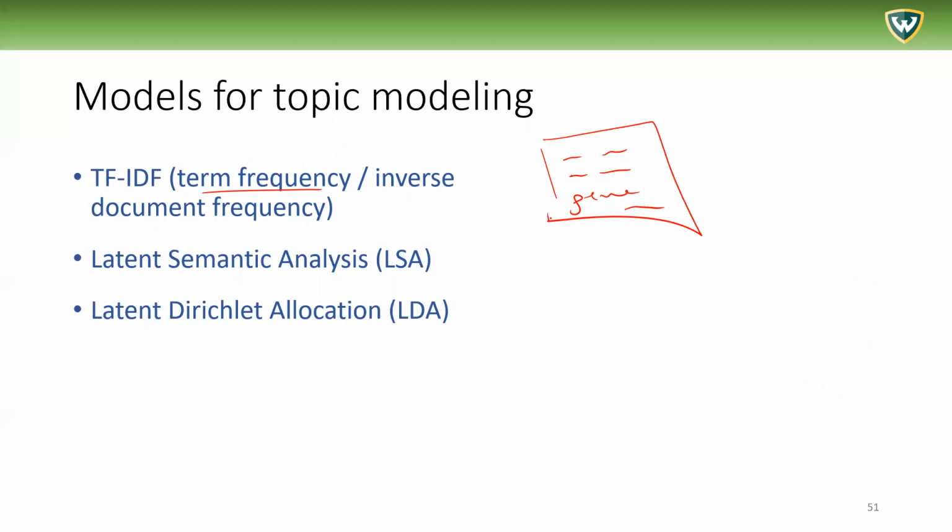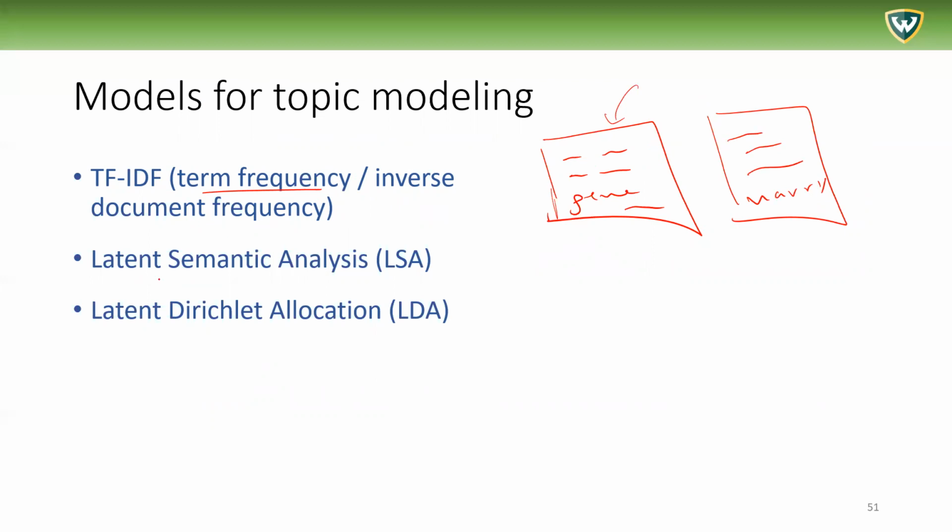That is because if a document has a lot of the word gene, but it's not frequent in other documents, then this document is about gene, and the other document is about, maybe, Harry Potter. So this TF-IDF measure, which is very common in text analysis, can be used for topic modeling, but it usually will require some other kind of clustering approach afterwards to actually be implemented.